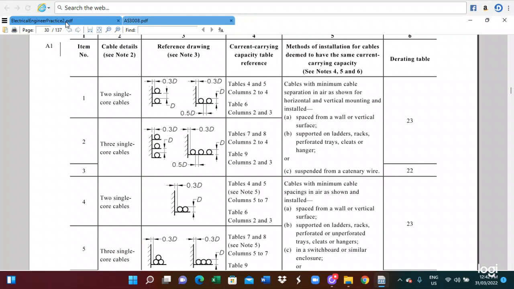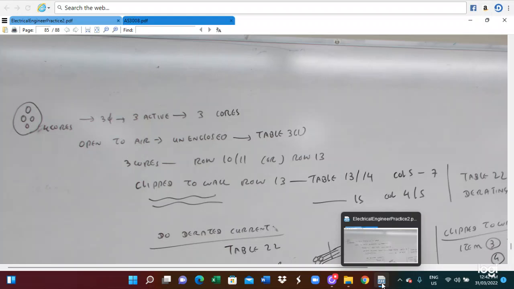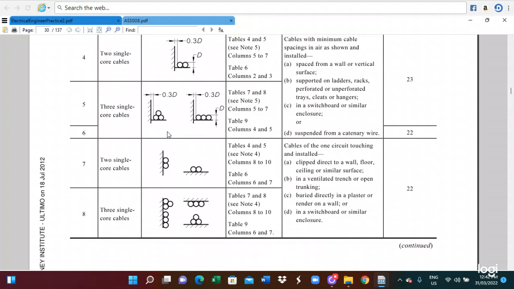Select 3-core. So 4-core means 3-core plus 1 neutral wire. For 3-core, which row do you have to select? This is the 3 single-core given.